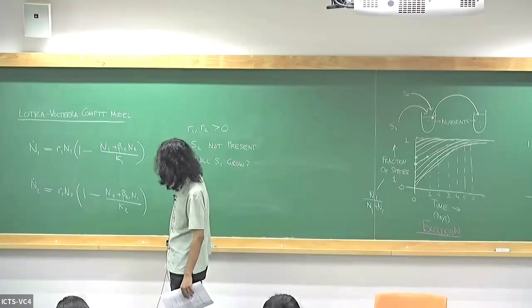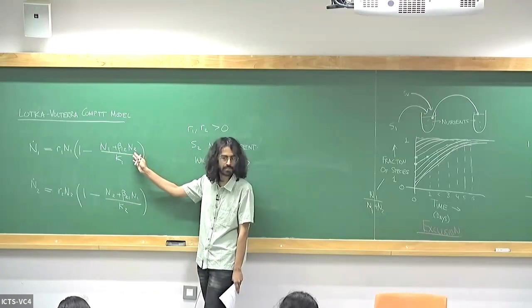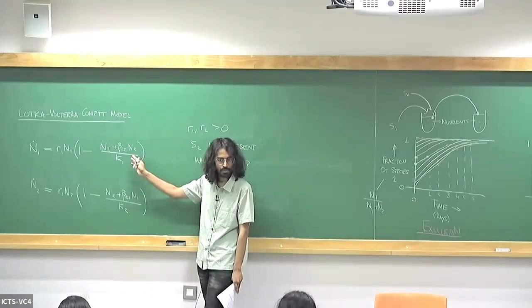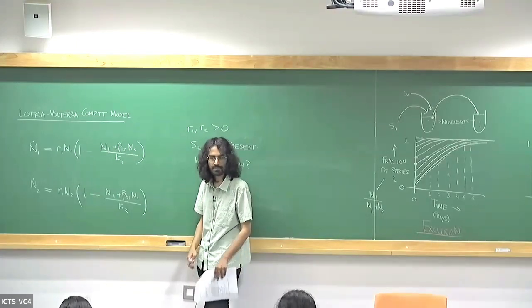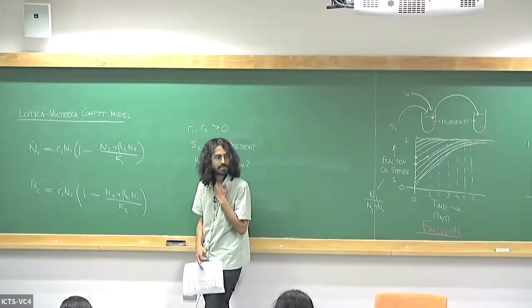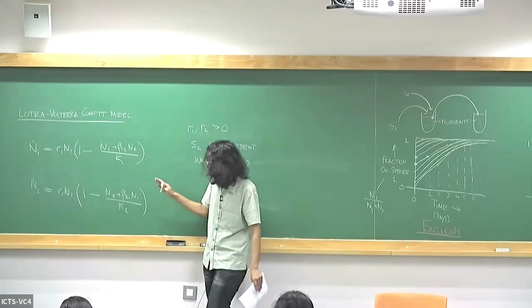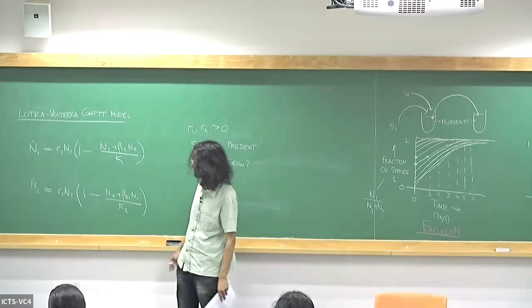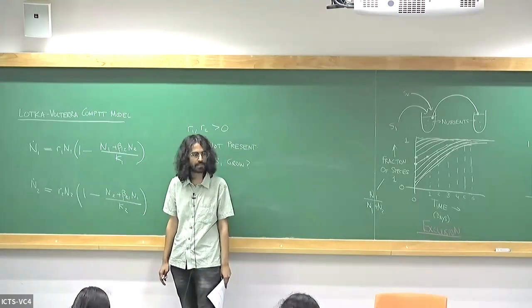Now you can ask, what is the effect of species 2 being present on species 1? And what is that? We'll talk about the signs of beta, but what's the model saying?